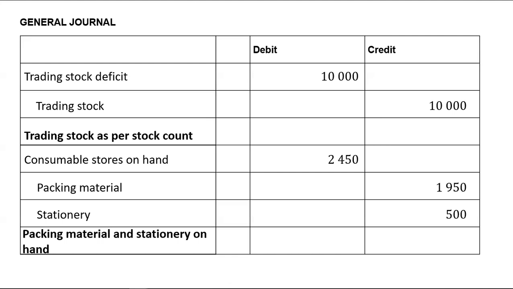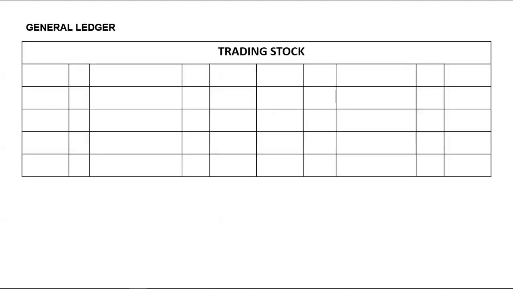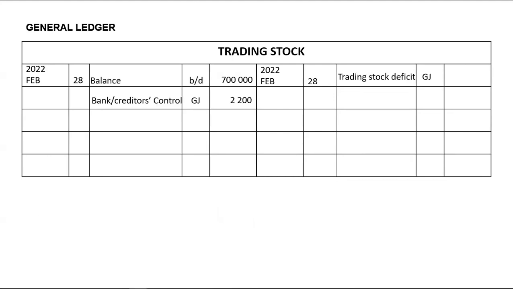Okay, that's it. So I'll go straight to my trading stock account in the general ledger. Our trading stock was sitting at 700,000. We are going to take it up because there was an invoice that was not recorded worth 2,200. We're going to credit it by trading stock deficit. That is a loss, stock lost.